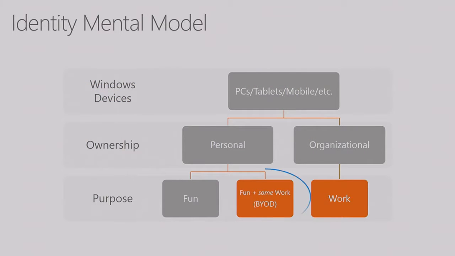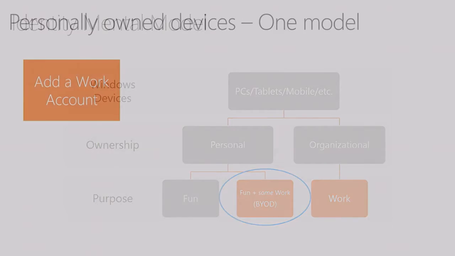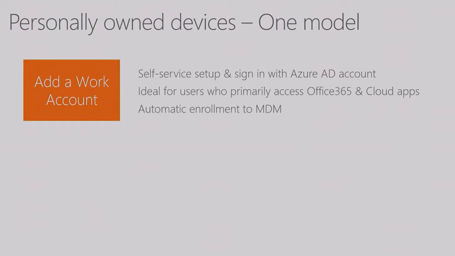Great. So now let's talk about the second pivot of a phone or a device that was really personally owned, but you want to bring it in and you want to use it for work. What we did there was we made it possible for a user to add a work account, right? So the way we see it is you've probably logged into Windows PCs with your Microsoft account and you're loving how everything feels, but it's also possible for you to just go ahead and add your work account.